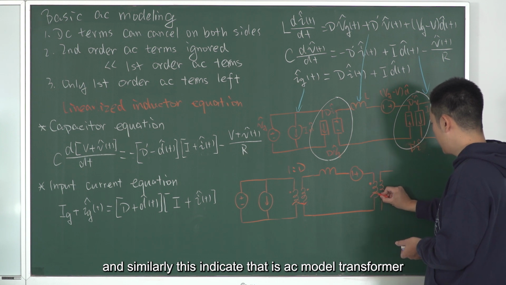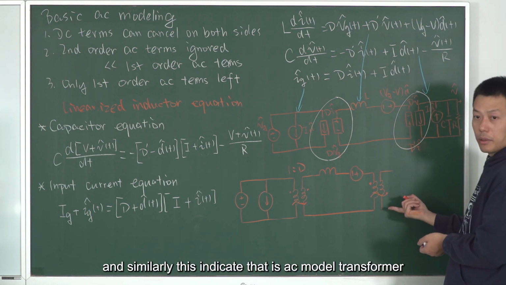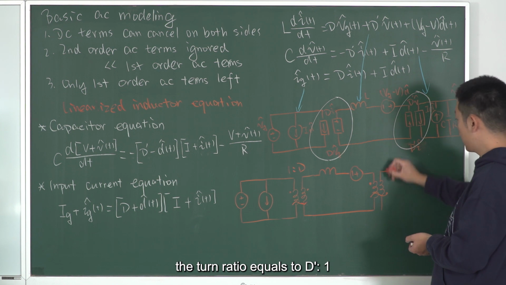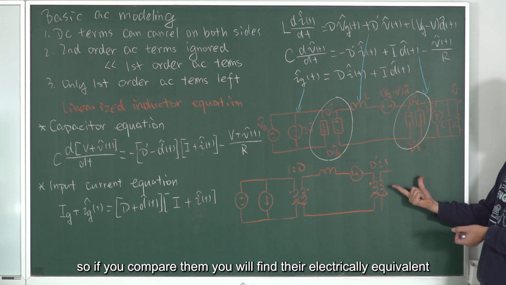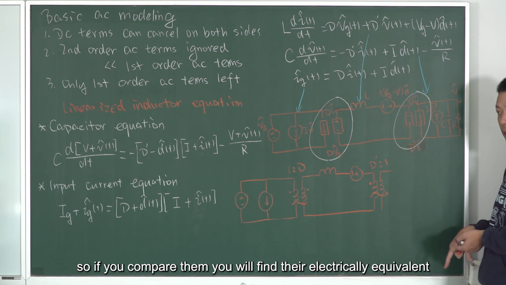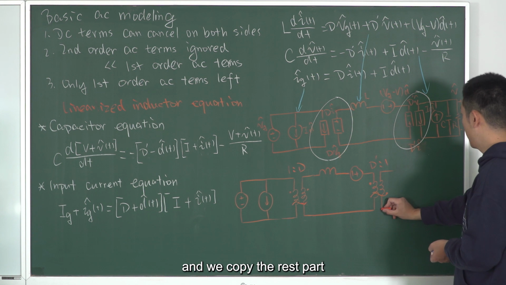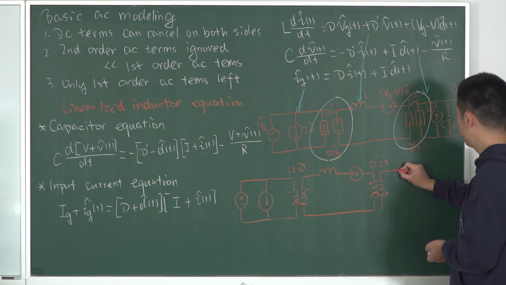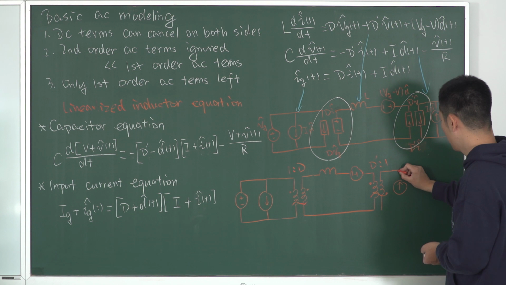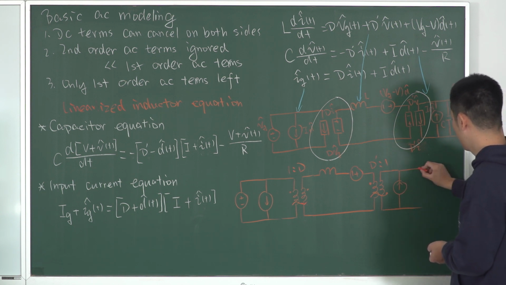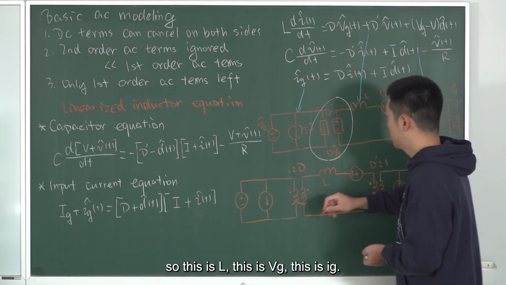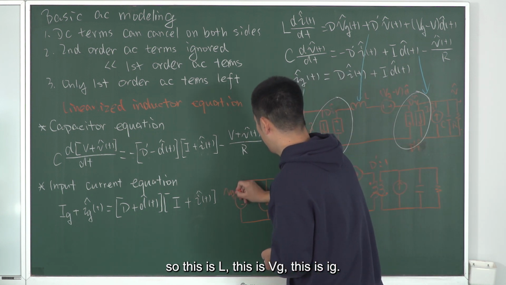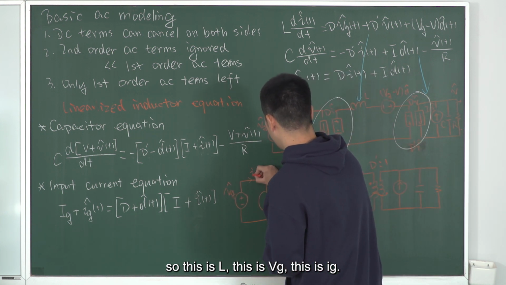And similarly, this indicates that it's an AC model transformer. The turns ratio equals D prime over 1. So if you compare them, you will find they are electrically equivalent. And we copy the rest part. So this is L, this is VG, this is IG.